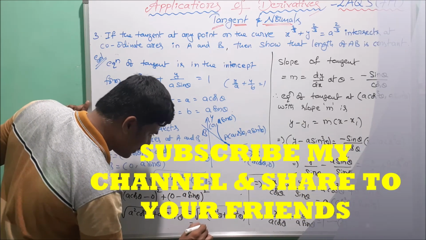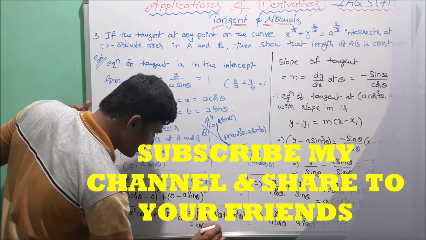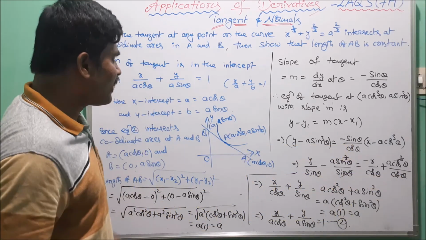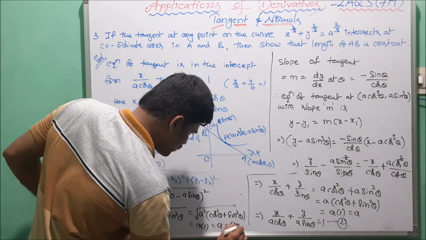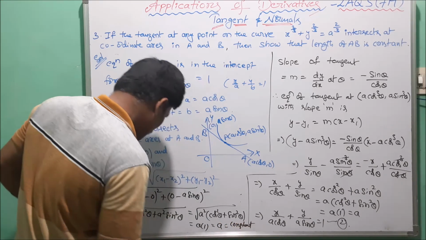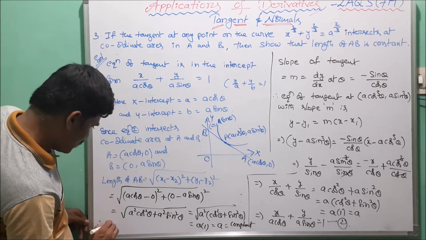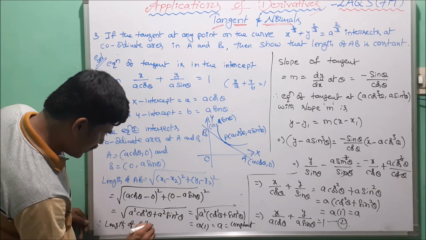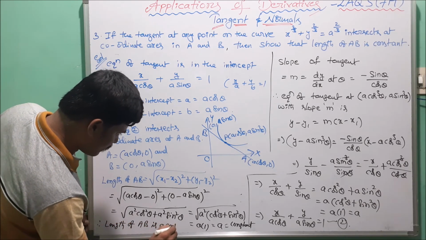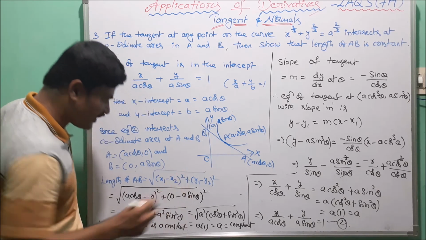That value is 1. So that equals a. Now a is the constant value. So clearly a is constant. Therefore the length of AB is a constant. So this is our proving result.